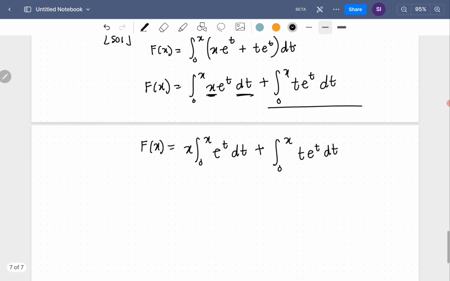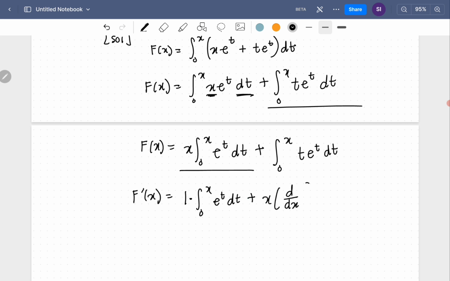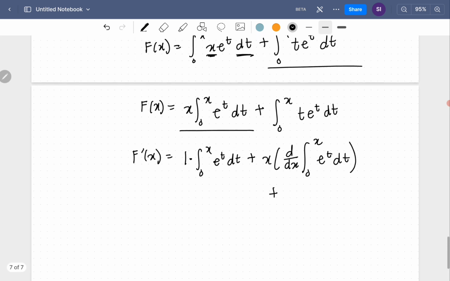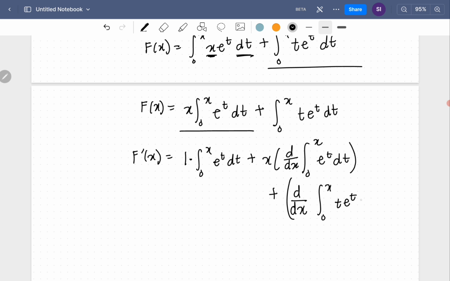Now we are ready to differentiate. We get f prime of x equals, apply the product rule once again. So the integral from 0 to x of e^t dt, plus x times the derivative of the integral from 0 to x of e^t dt, plus the derivative of the integral from 0 to x of t e^t dt.